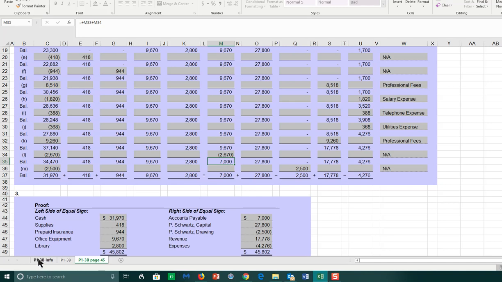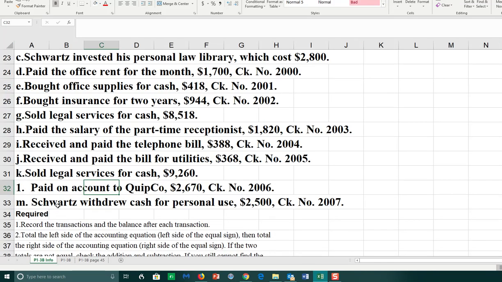The last transaction is where Short, remember he's the owner, or she, not sure what the gender is, withdrew cash for personal use, $2,500, and the withdrawal was in the form of cash. So the cash of the business goes down by $2,500. And since the money was withdrawn for personal use, it's actually a reduction in the capital of the business or the owner.